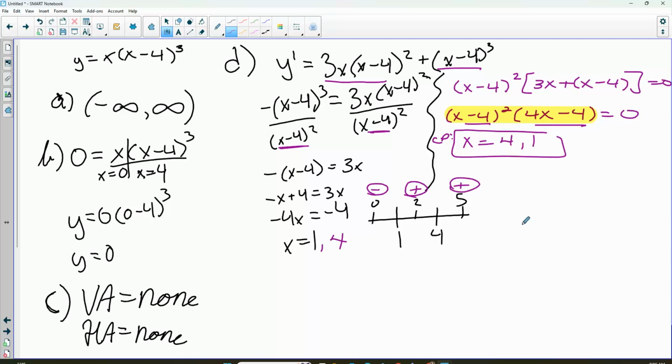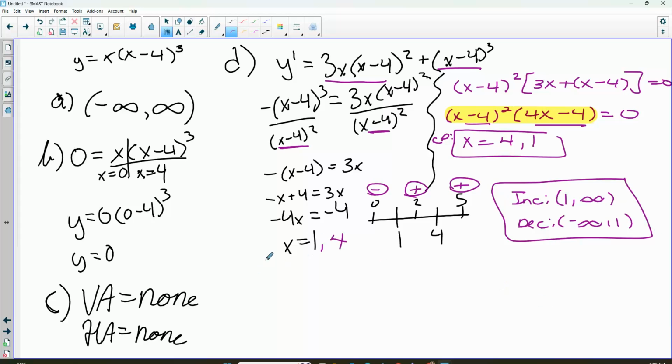We are increasing where this is positive, which is from 1 to infinity. We don't have to break it up at 4 because that wasn't an asymptote. If it's a rational one, we would. Decreasing is where it's negative, which is negative infinity to 1. So leaving out that critical point actually didn't hurt you too bad.